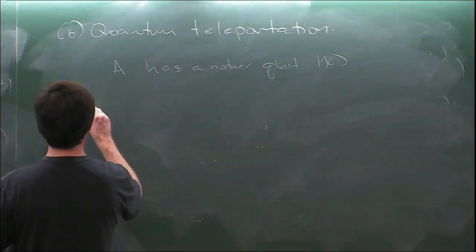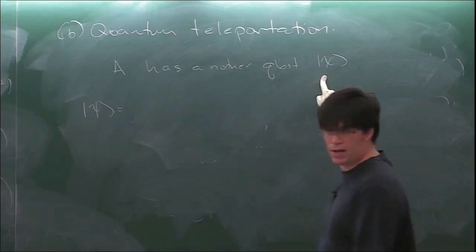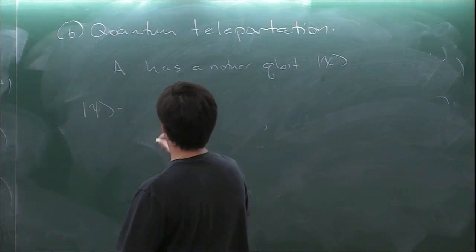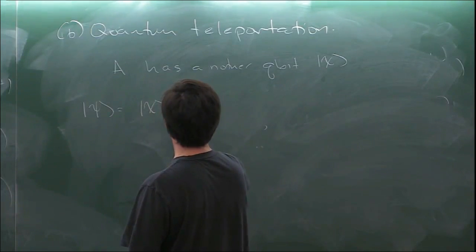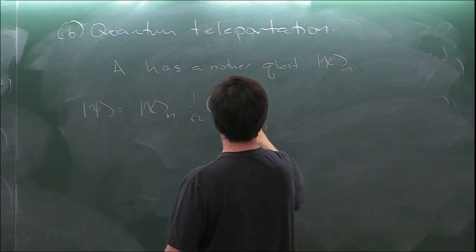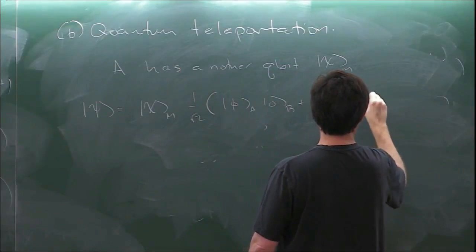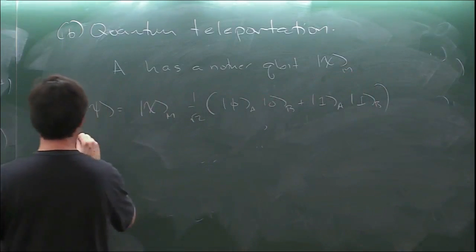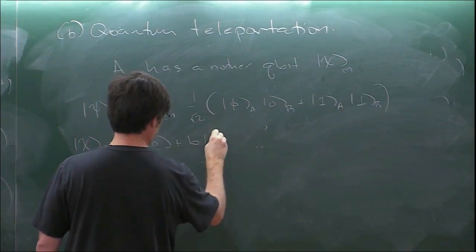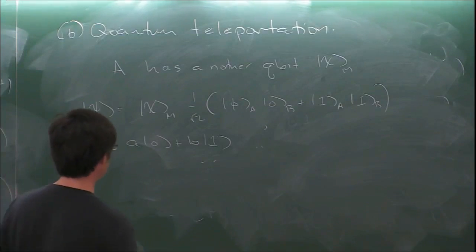I'm going to start with the initial state of the full system: the qubit that Alice wants to send and one entangled pair, which is shared between Alice and Bob. So I'll call this chi message, and then 1 over root 2, (0A 0B plus 1A 1B). Now I can write chi as alpha 0 plus beta 1. This is an orthonormal basis.